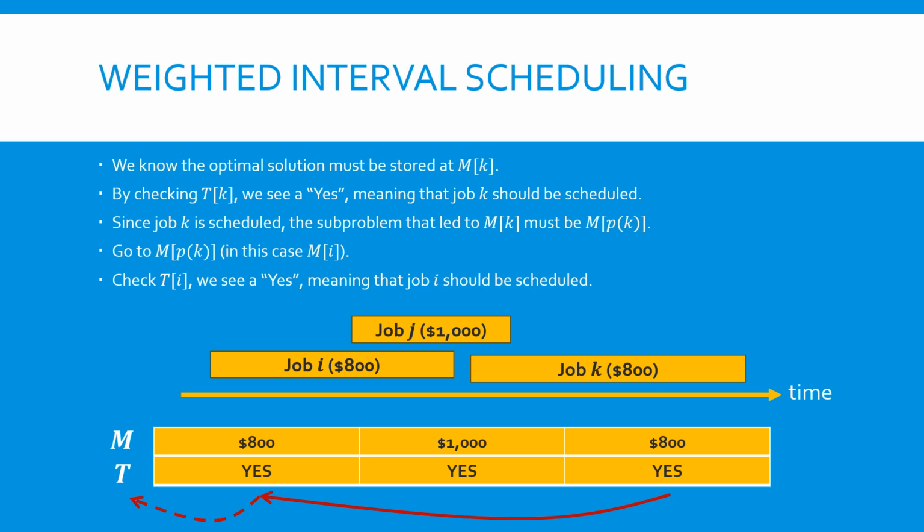We then check the entry T_pk, which is T_i in this case. Again, we find a yes, meaning that J_i should also be scheduled as a part of the overall optimal solution. Finally, when we reach the dummy job J_0, we can terminate the traceback process as it indicates the end of real jobs in the schedule.